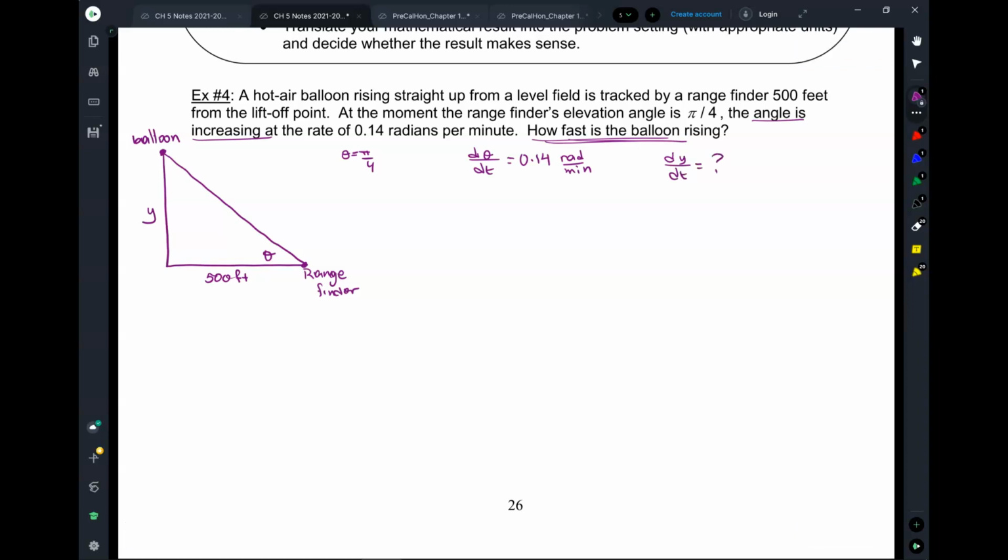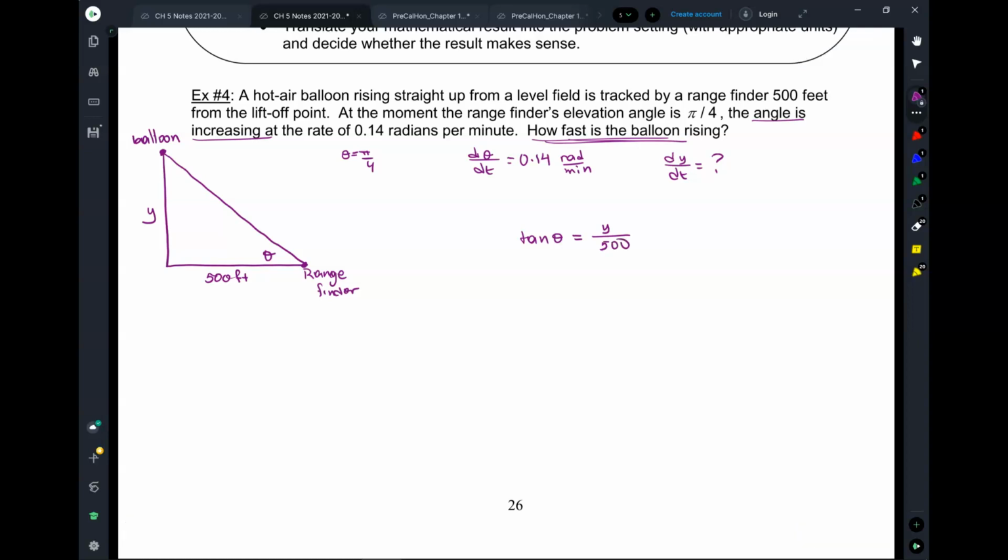So again, I haven't even begun, I just finished reading the problem the first time, and look at all the stuff I've already noted down. So, we want dy dt. We're given the angle. Well, how do we relate y with the angle? Tangent. So tangent of theta is y over 500.